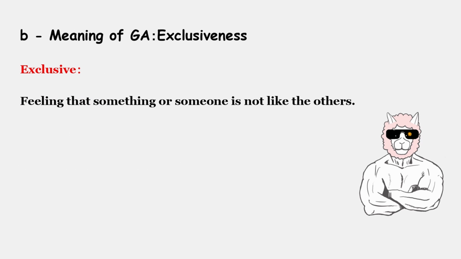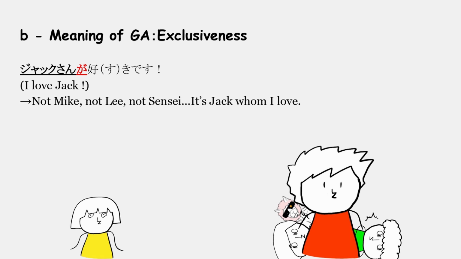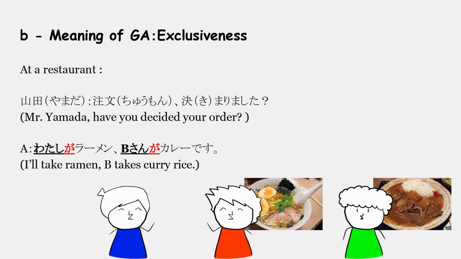So the second, ga of the exclusiveness. The exclusiveness here means the feeling that something or someone is not like the others. For example, ジャックさんが好きです. Here we can think like, not Mike, not Lee, not Sensei, but it's Jack that I love. But if we say, ジャックさんは好きです, here we don't have the meaning of the exclusiveness, and the meaning of wa can be that of judgment, comparison, minimum. Another example.